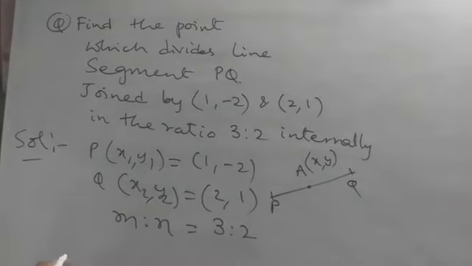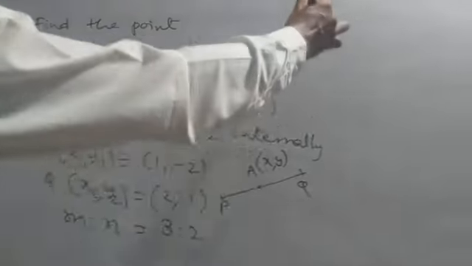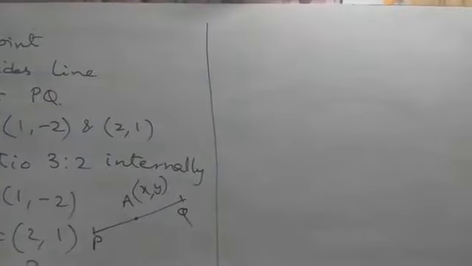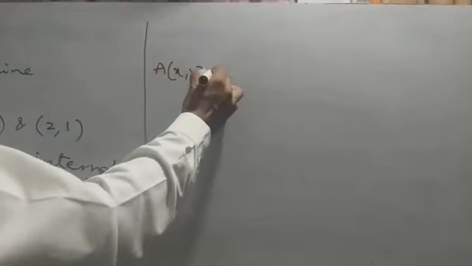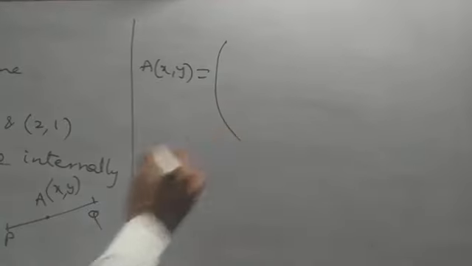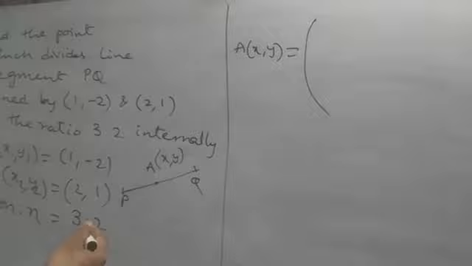Now we can write A(x, y) is equal to, in place of m substitute 3, in place of n substitute 2.